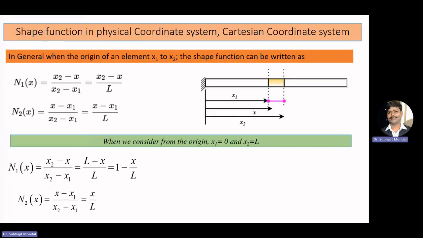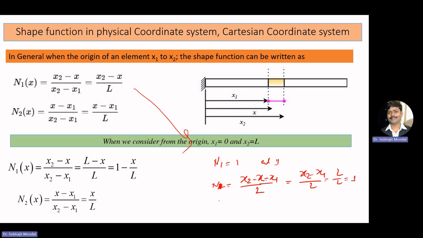Now we'll see the properties of the shape function. The property is that N1 will be 1 at node 1. So here N1 is (x2 minus x1) by L, that is L by L, which is equal to 1.